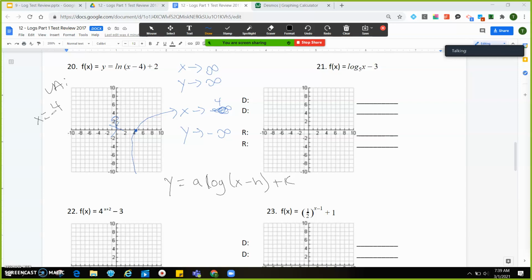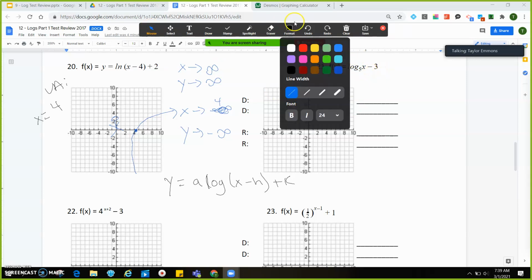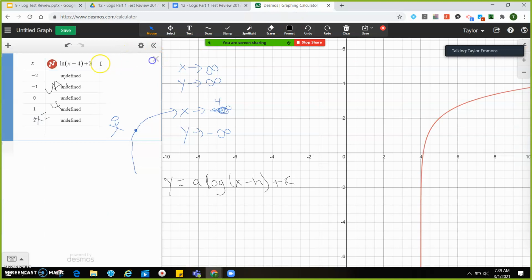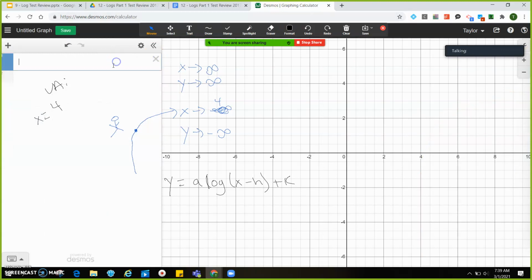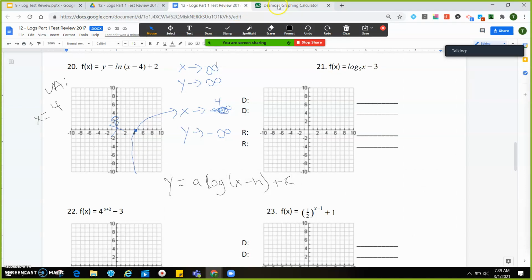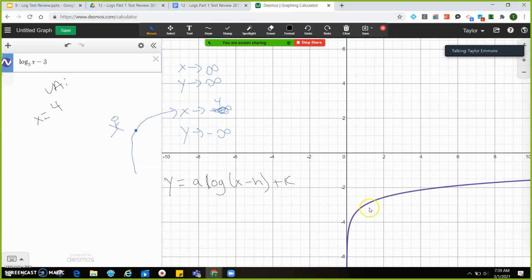On 21, though, it's a little different story. On 21, you're probably going to have to use Desmos, because otherwise you can't do this base 5. So you're going to do log of base 5 of x, I think it was minus 3. Yep. When we do that, we get this graph.